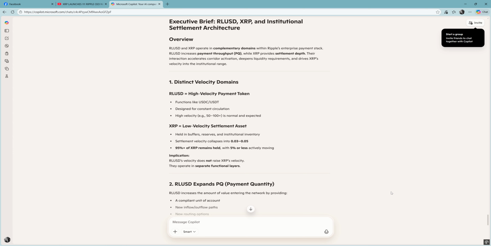RLUSD and XRP operate in complementary domains within Ripple Enterprise. So RLUSD increases payment transactions through the PQ, while XRP provides settlement depth.